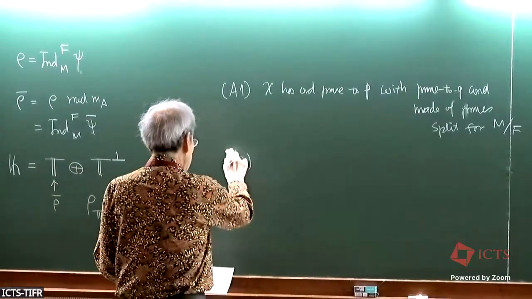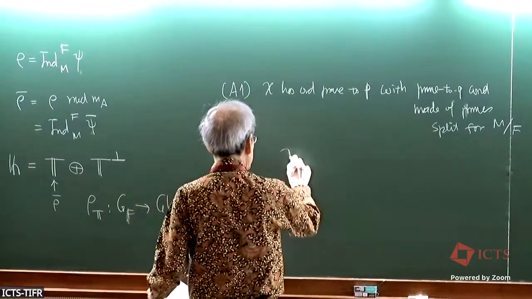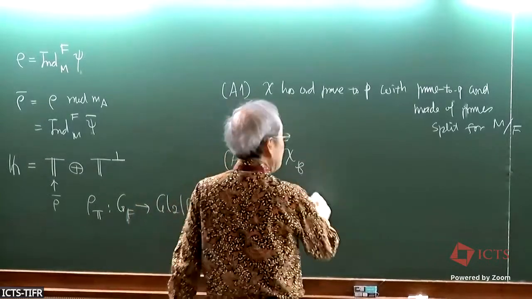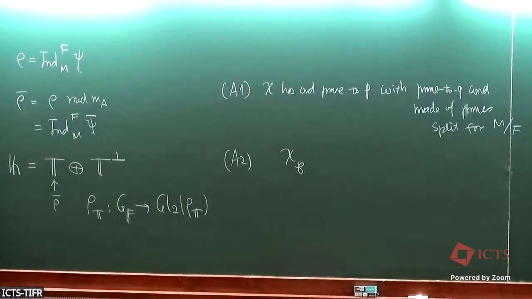A2 is an important condition on the local character chi at P. So you have a CM type, Jack fixed. Then this gives rise to a p-adic CM type. Perhaps Jack wrote this as a capital P or something like that.